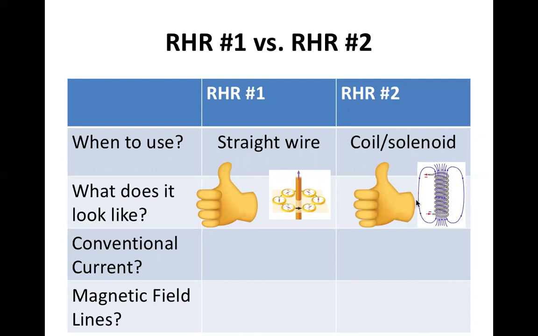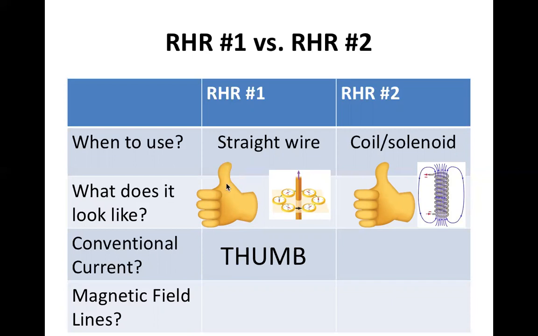So it's exactly the same hand gesture, but you might be rotating through the forearm. You always want to rotate so that your thumb is showing you the current. And here you want your thumb to show the north side of the magnet, as if this electromagnet was a bar magnet. So for conventional current, your thumb points positive to negative.